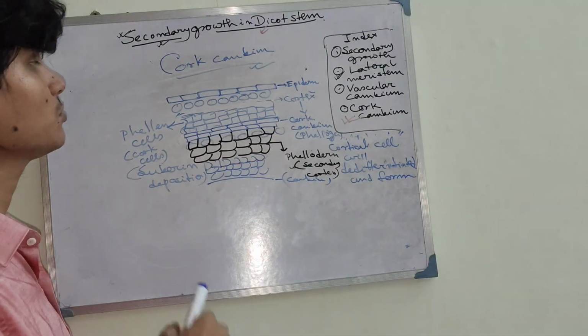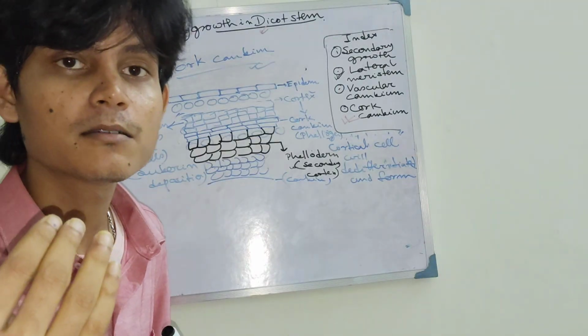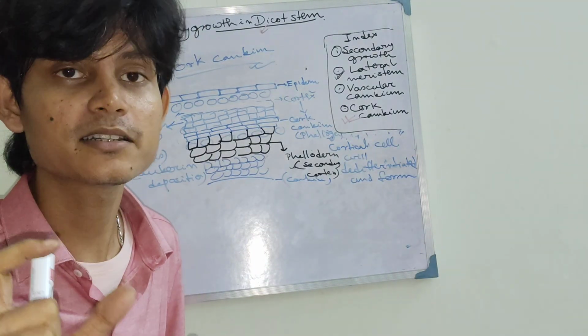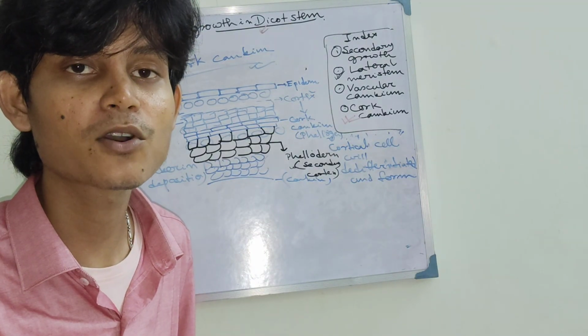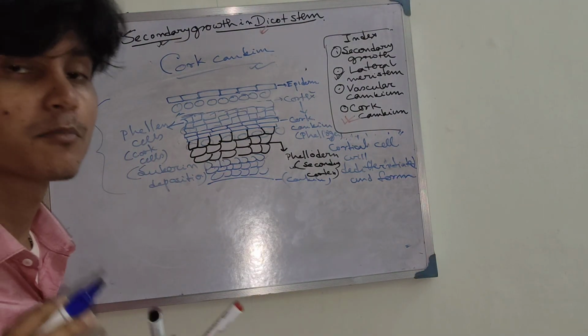All the tissues outside the vascular cambium are called bark. So these four tissues will make the bark.